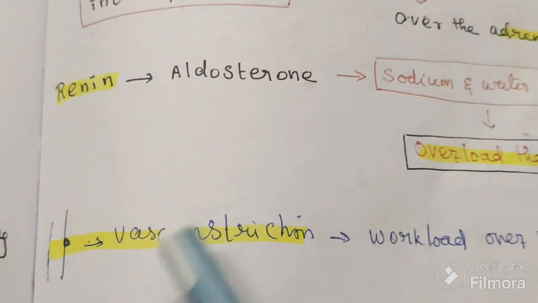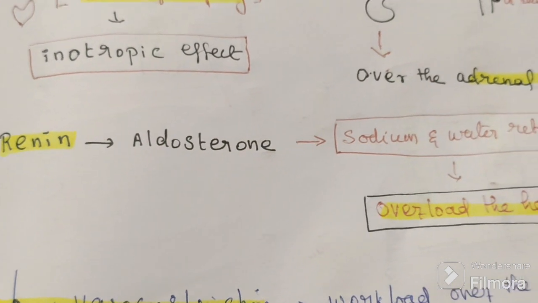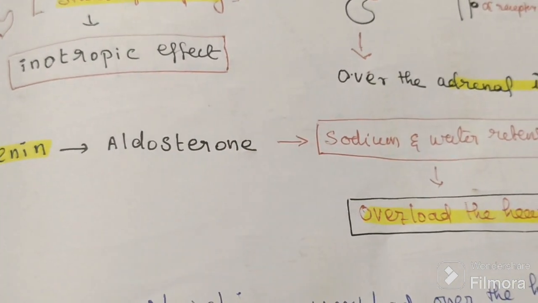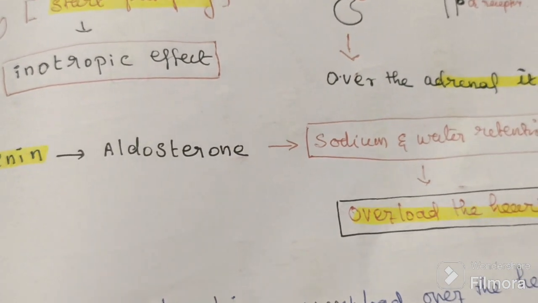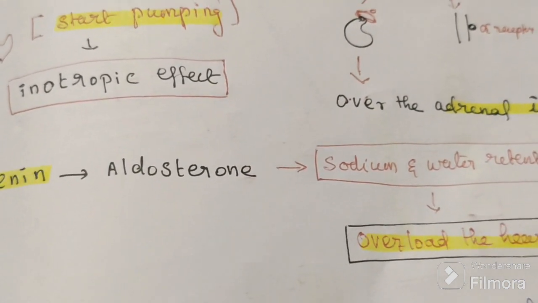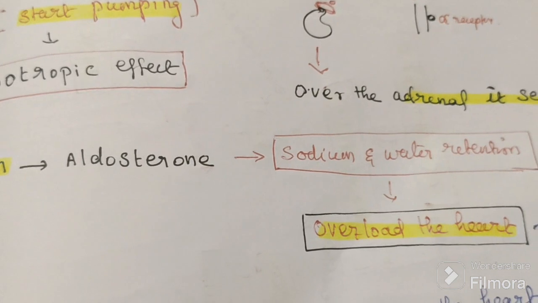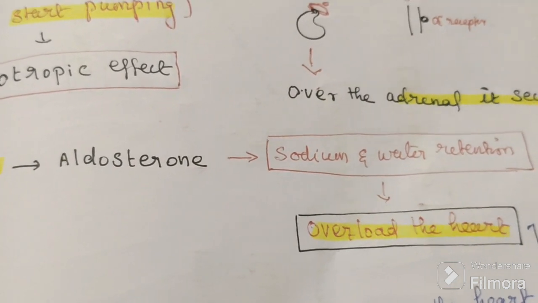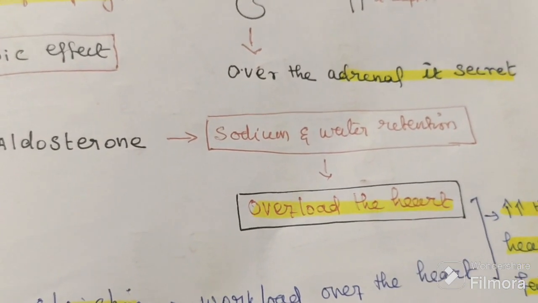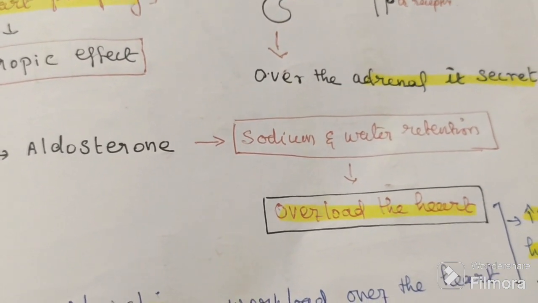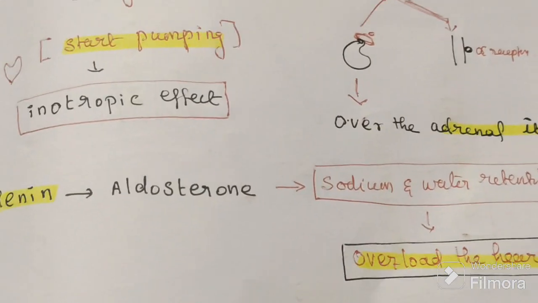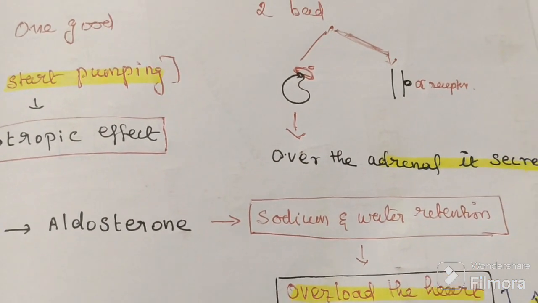This renin and vasoconstriction will increase the volume to 6 to 7 liters, so it is not able to pump even 5 liters. It is increasing the workload through sodium and water retention, and increasing the workload of the failing heart, so heart failure worsens. So one good thing, two bad things here.